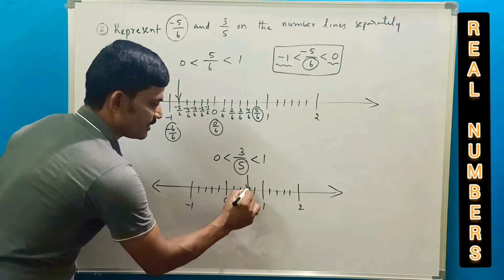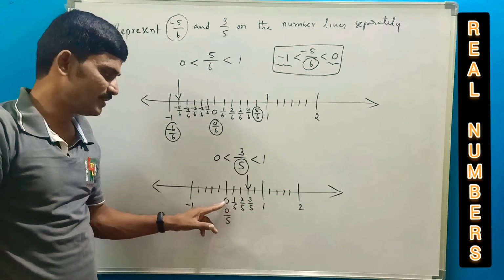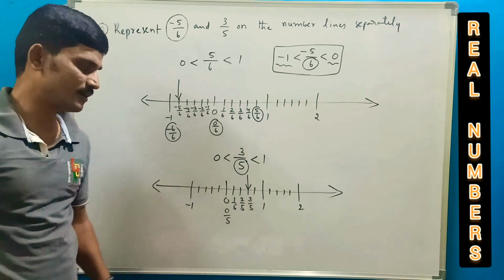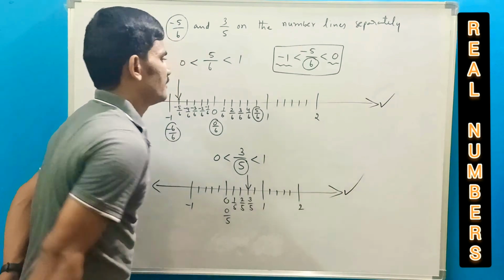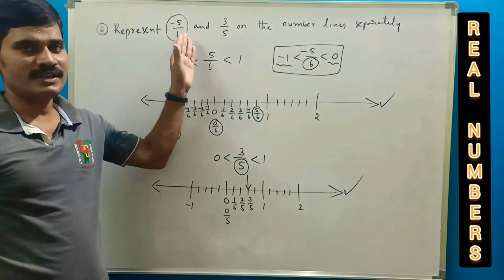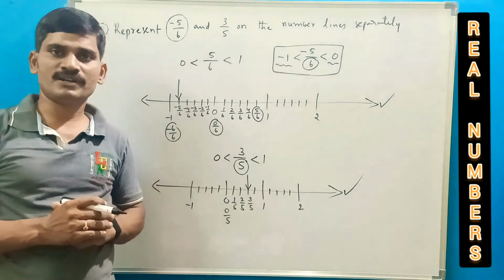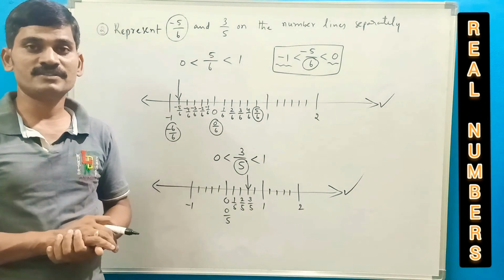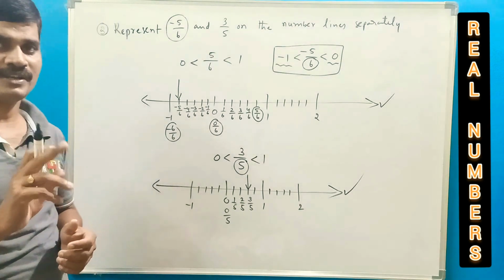This is the location of 3 by 5 on the number line, which lies in between 0 and 1. So this is how we can represent rational numbers on the number line. Very, very important from the exam point of view, under the academic standard of visualization and representation. Okay, I hope you understand.